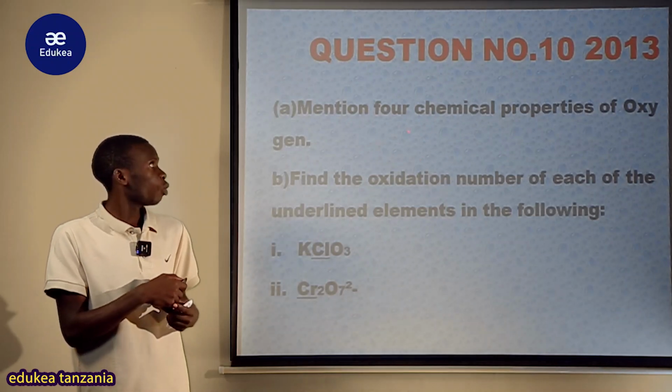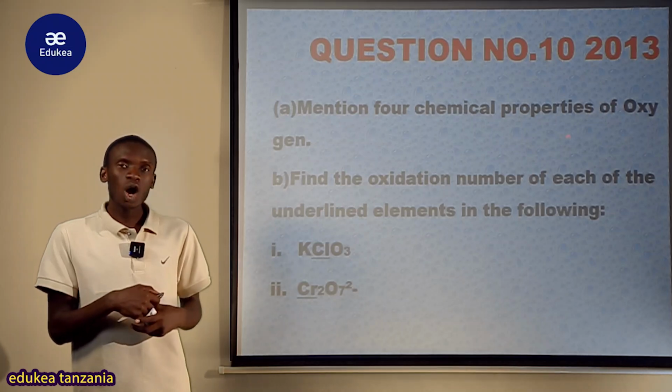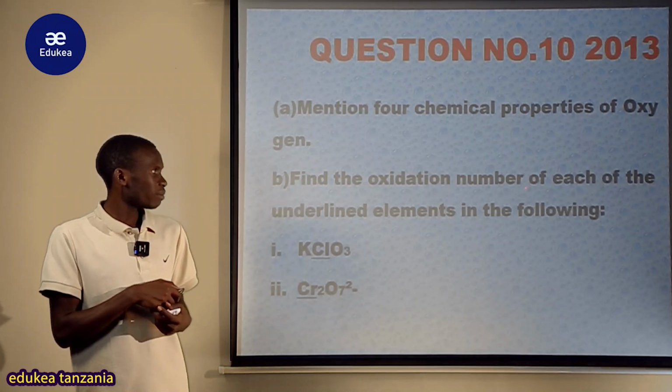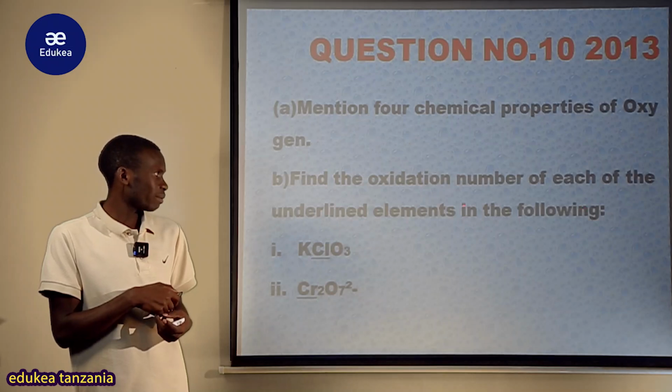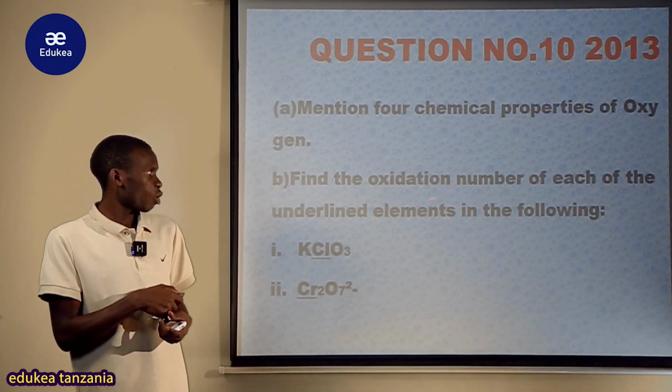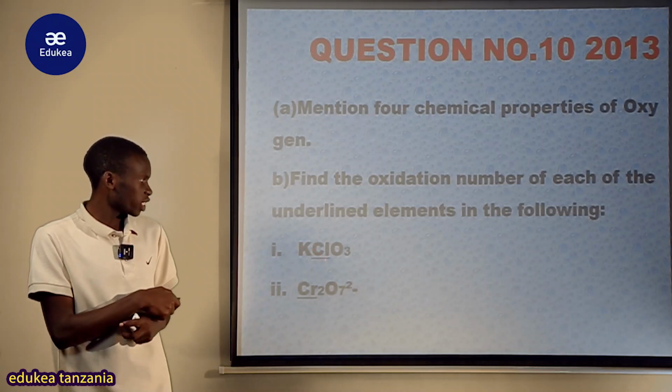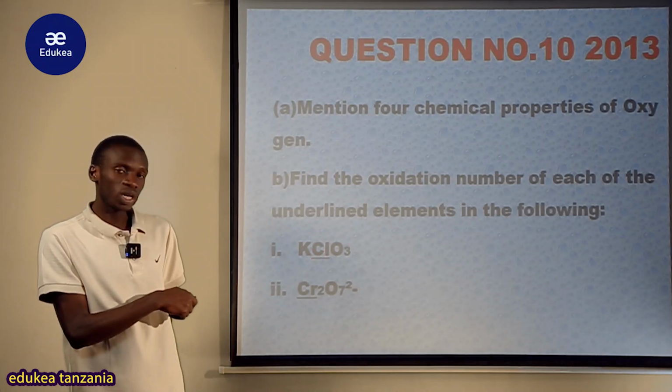Itakiwa utoe chemical properties za oxygen gas, and then find the oxidation number of each of the underlined elements in the following. So itakiwa utoe oxidation state ya element. First, potassium chlorate, you are required to give the oxidation state of chlorine.